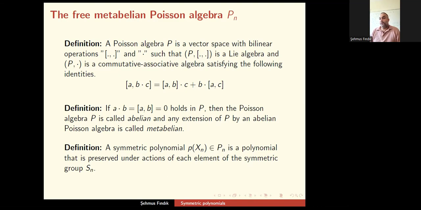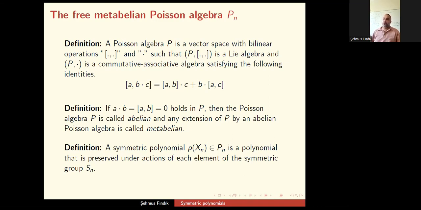And if we look for a free Poisson algebra, maybe it can be obtained from a free Lie algebra, because when you have a Lie algebra in your hand, you also have its basis. And the polynomial algebra generated by this basis, which has an infinite number of generators, gives you a Poisson algebra.